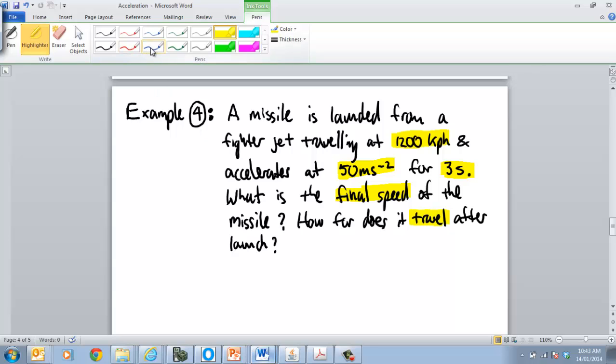Okay, so I'm going to again write down some information. The initial velocity of the missile is in fact the speed of the jet fighter plane, which is going to be 1200 kilometres per hour.